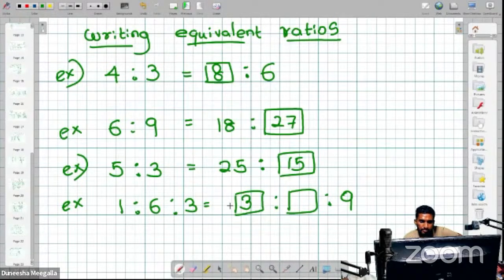Second blank? 80. Yeah, 80. Okay. Write down these examples. After you finish, raise the hand.